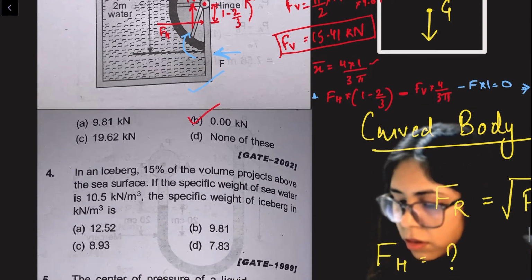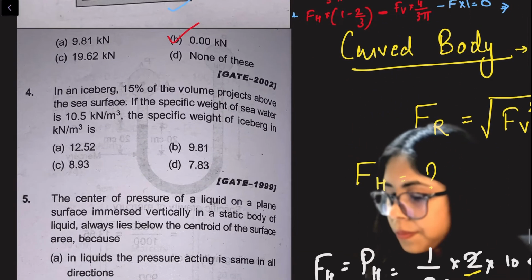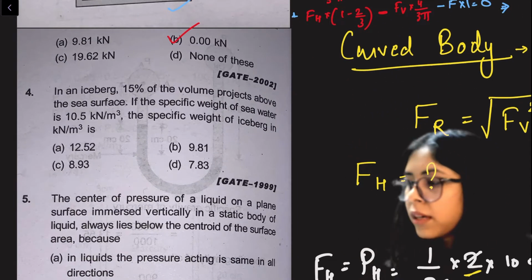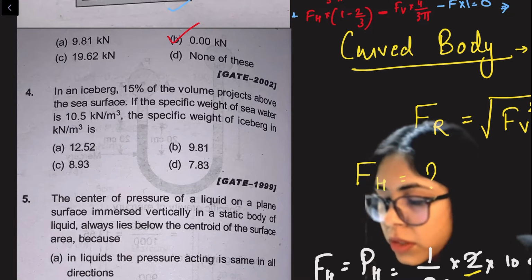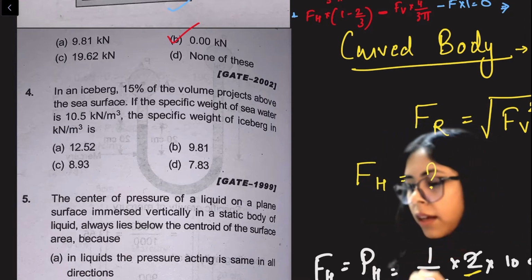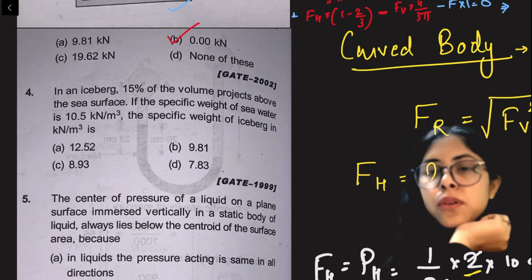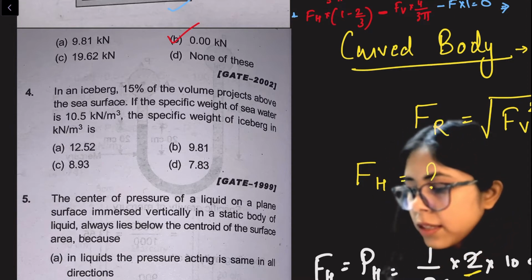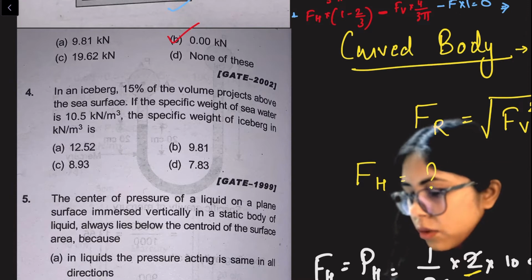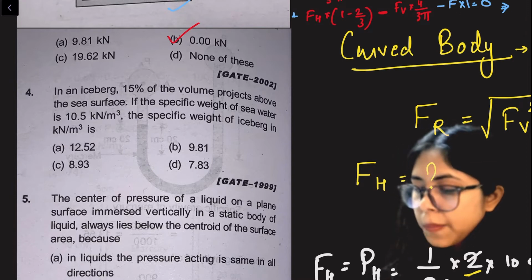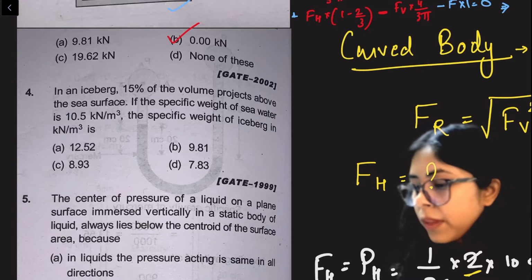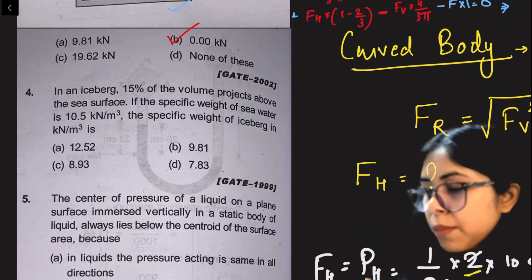Okay, so let's work with the question number 4. In an iceberg, 15% of the volume projects above the sea surface. If the specific weight of sea water is 10.5 kilonewton per meter cube, the specific weight of iceberg in kilonewton per meter cube is. So see, they are saying there is an iceberg and 15% of that is above the sea surface.